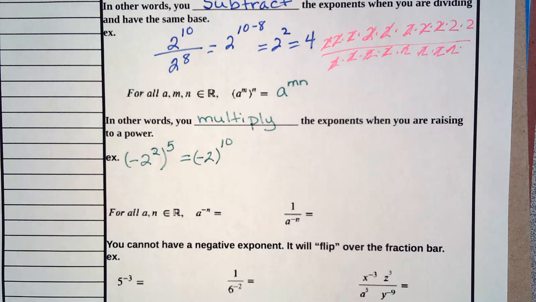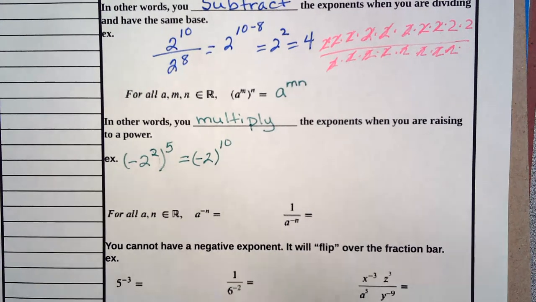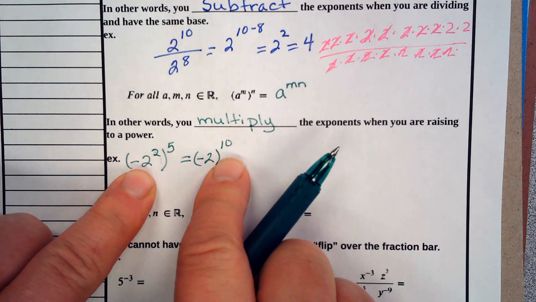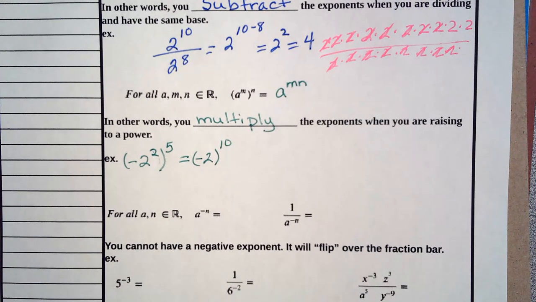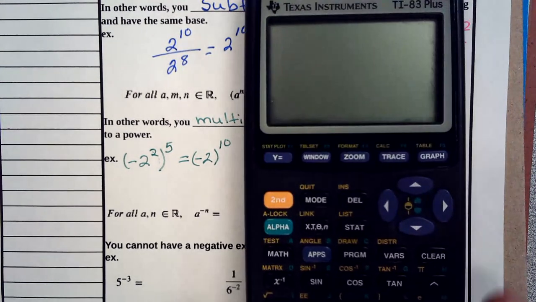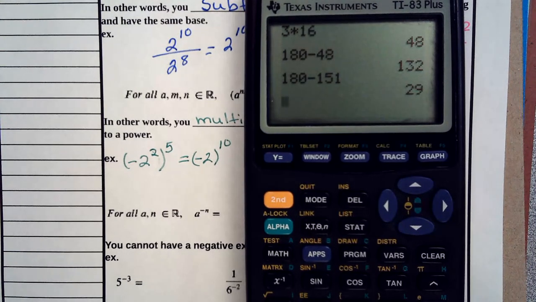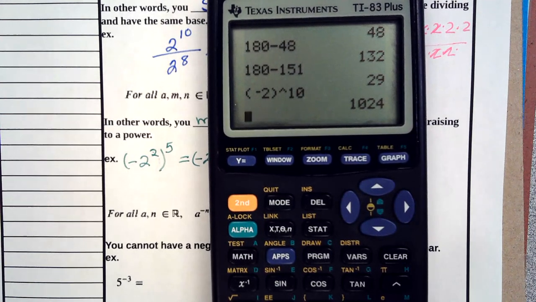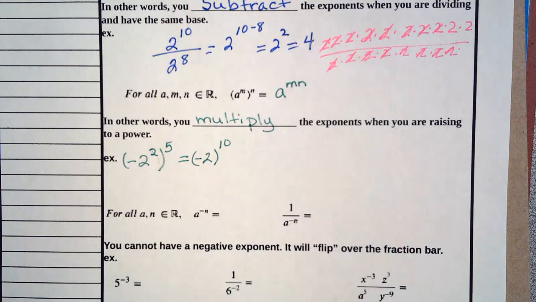Well, if it's to an even power, it's got to be positive, because negative times negative equals a positive. If you're looking, we've got 5 sets of a positive number. So this one would be really hard to figure out in my head. So in parentheses, -2, and I'm going to raise it to the 10th power. And I end up with 1,024, and it's positive.